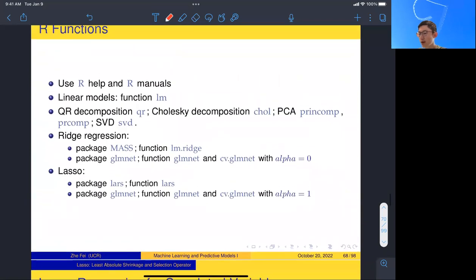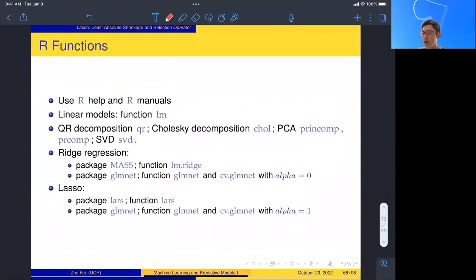And let's go over some implementations. Some of these we haven't touched, but I think the most important one we want to highlight is the glmnet R package. It's really widely used, and this cv.glmnet function automatically performs cross-validation, whether you want to fit ridge or lasso or elastic net.